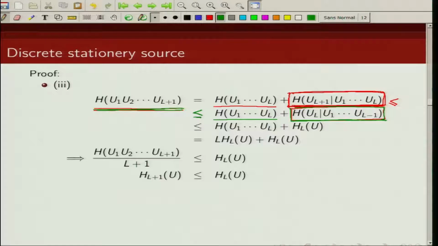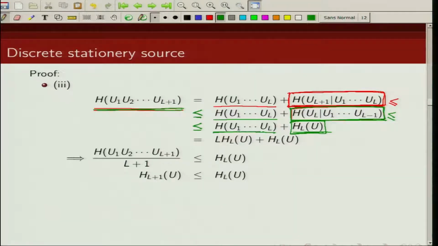Now I know from property 1 that this particular term is less than or equal to uncertainty per letter, which is HL of U. So then I can upper bound this by uncertainty in U1, U2, UL plus uncertainty per letter.